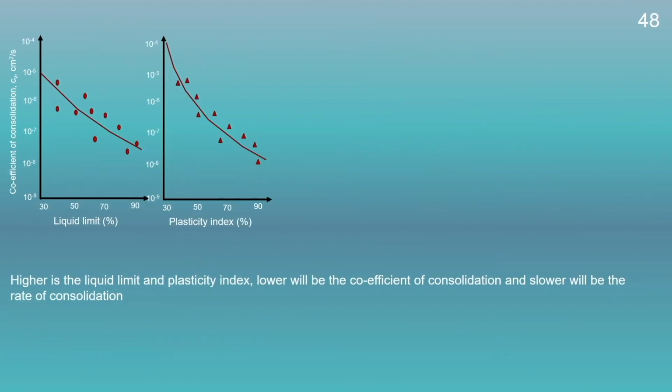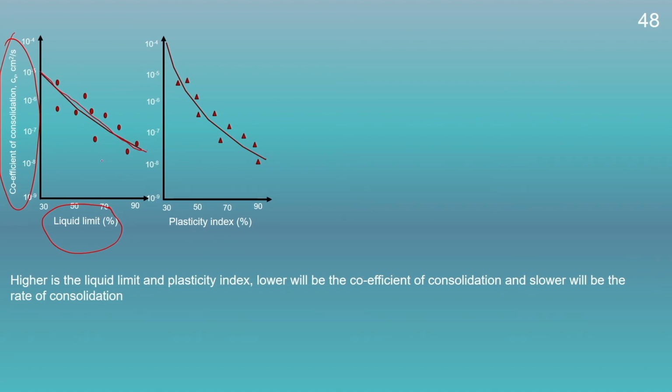Since the coefficient of consolidation is controlled by the diffuse double layer thickness, and the liquid limit is also controlled by the diffuse double layer thickness, a correlation between the coefficient of consolidation and the liquid limit can be expected. Therefore, when we plot the relationship between the coefficient of consolidation and liquid limit, we can see a linear trend.